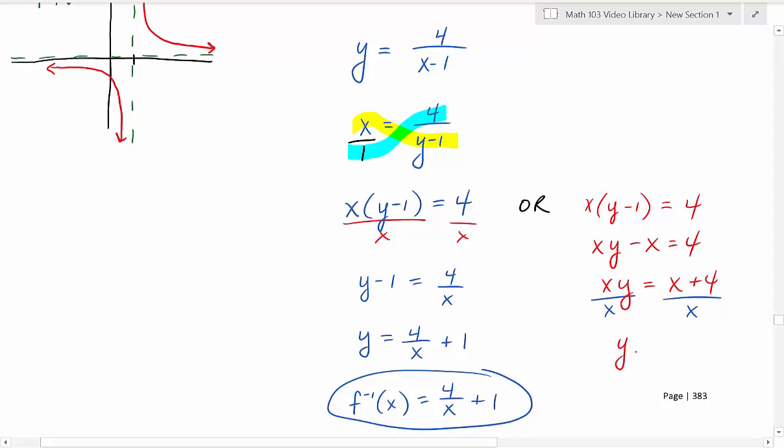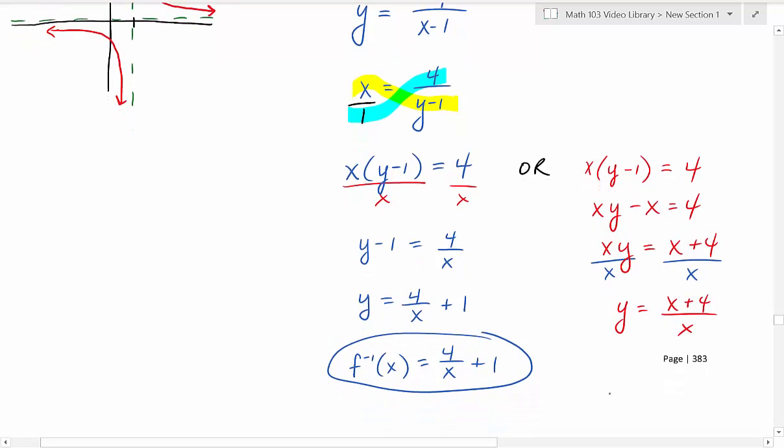This leaves us with y equals x plus 4 over x. There's our inverse function, which we will write in inverse notation. f inverse of x equals x plus 4 all over x.